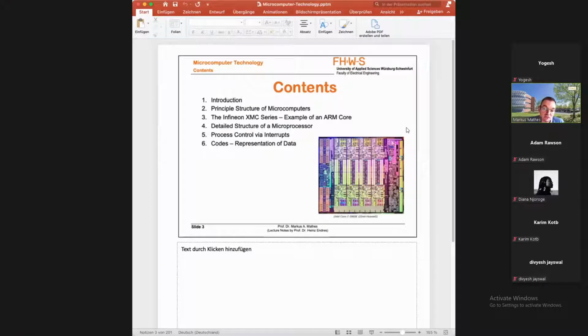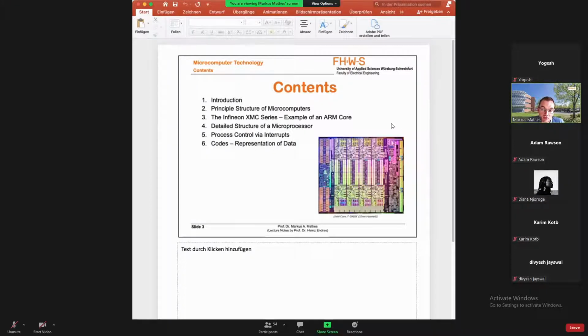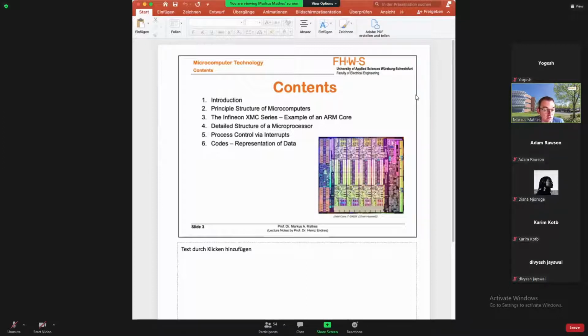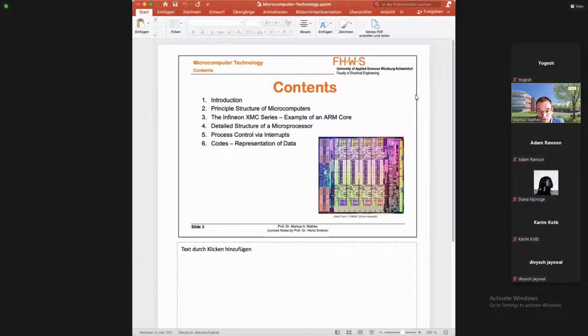Yeah, and in chapter 6, here we talk about some codes for representation of data. We talk about different characteristics of codes. So we talk, for example, about the Hamming distance, or the fact that a code can be used for error detection, maybe even for error correction.